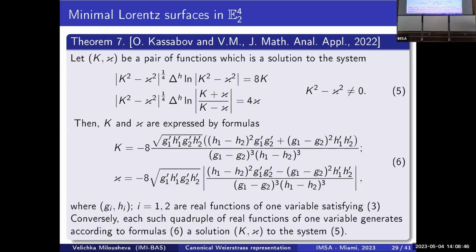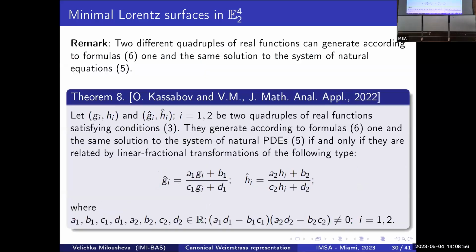And of course, we can ask how 2 pairs of such functions describing one and the same surface correspond. So this is solved in this theorem. 2 different quadruples of functions can generate one and the same solution, of course, and they are connected by these linear fractional transformations of this type here.